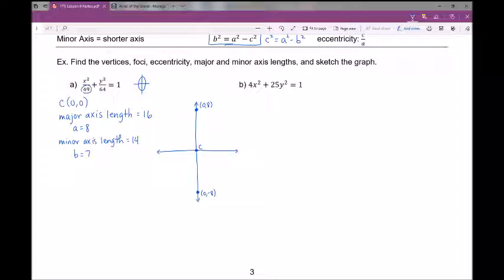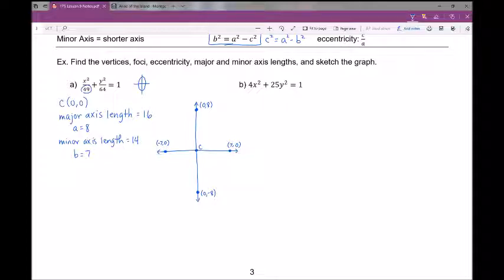From the center, we'll plot 7 units to the left and 7 units to the right. So we have the point -7, 0, and on the right side, we have the point 7, 0. At this point, we have all 4 of our vertices.